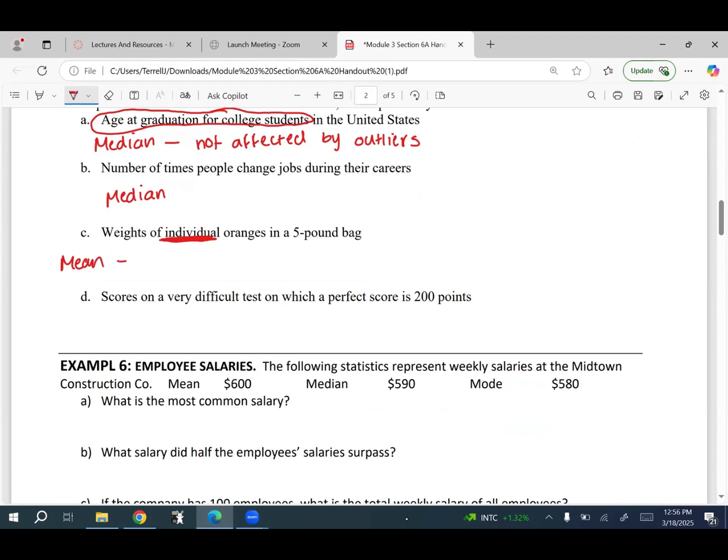And furthermore, because the oranges are in a 5-pound bag, I expect the oranges not to have outliers here. So we'll say that the oranges are typically close in weight, because they come from the same bag.